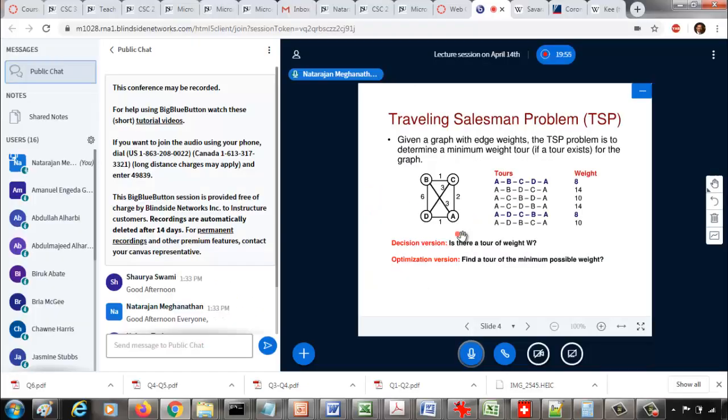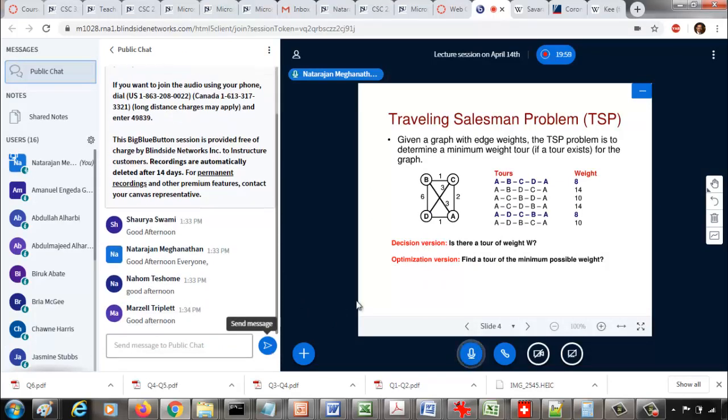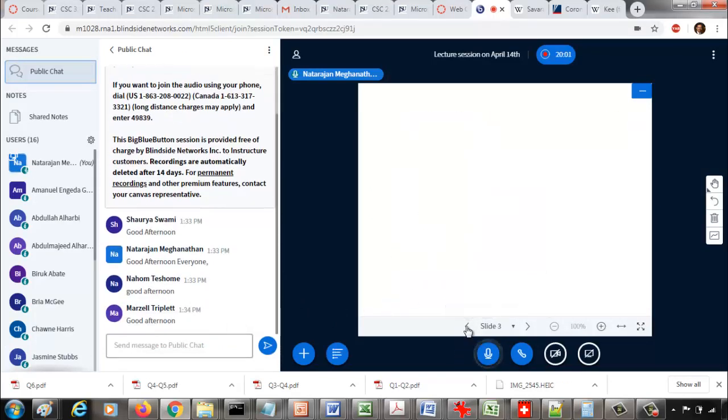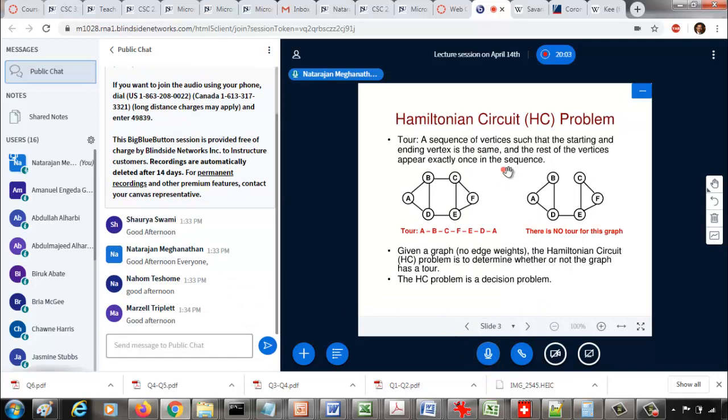Okay. So similarly, in the decision case, you also have the same problem. For the Hamiltonian circuit problem, is there an algorithm that can always say yes as the answer if the graph has a tour, and always say no as the answer if the graph does not have a tour? The answer is there's no such algorithm that can guarantee the right answer.